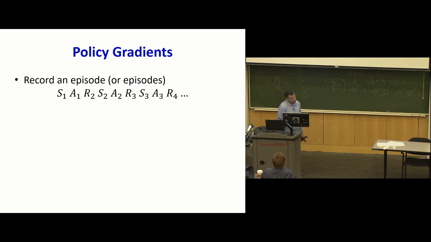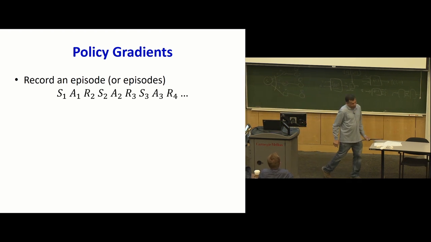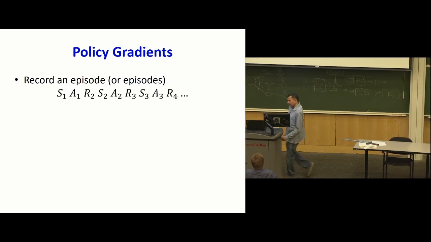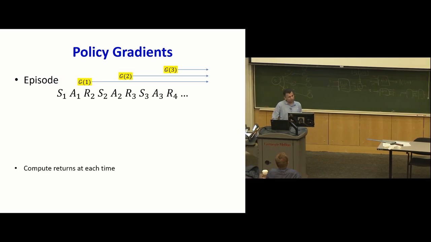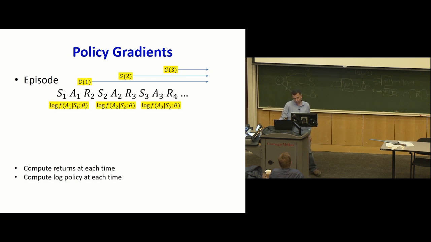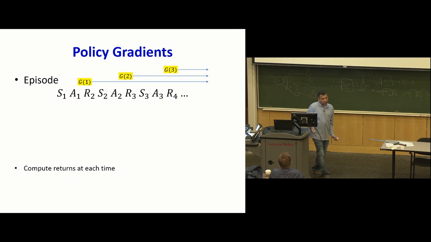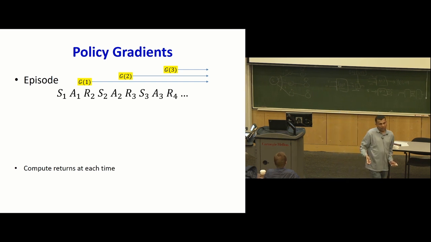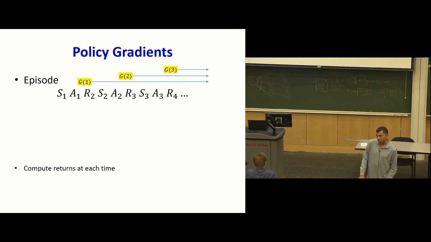So here's what we do. You would start off with an episode, record an episode, and then at each time you can compute the return at that time. We know exactly how to compute the return. It's the current reward plus the discounted rewards all the way into the future. For this episode we're going to start off with an initial policy function to which you can give a state, and it's going to give you the probability distribution over actions.